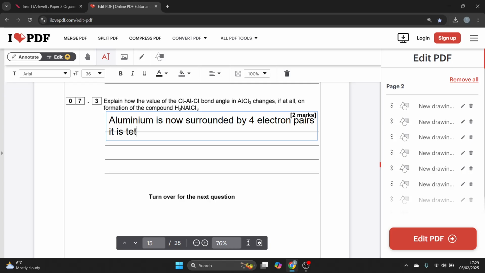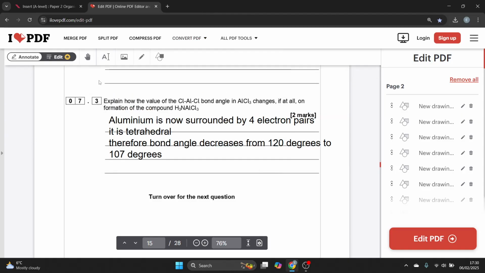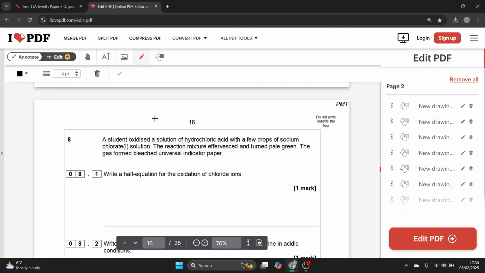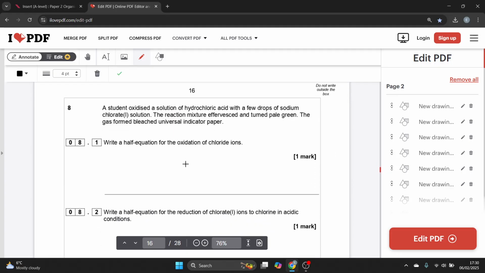It is tetrahedral, therefore the bond angle decreases from 120 degrees to 107 degrees.